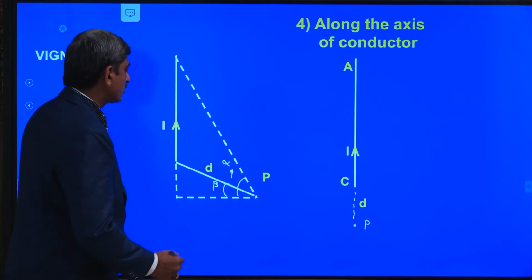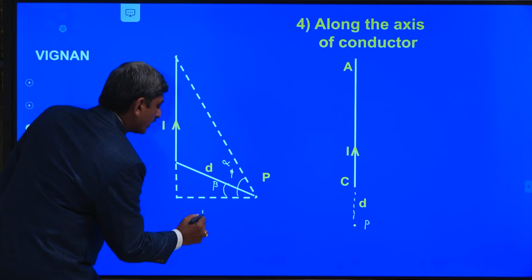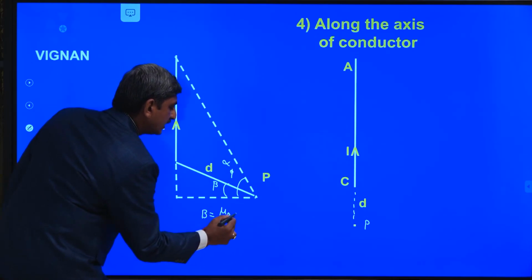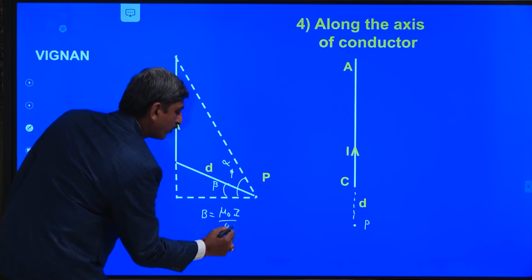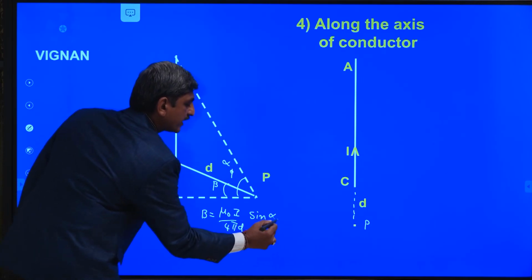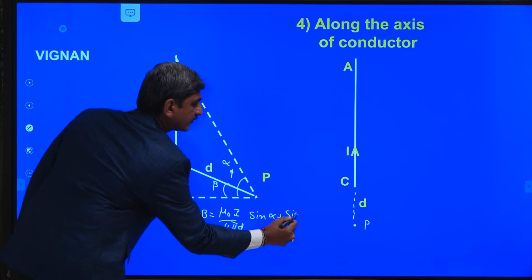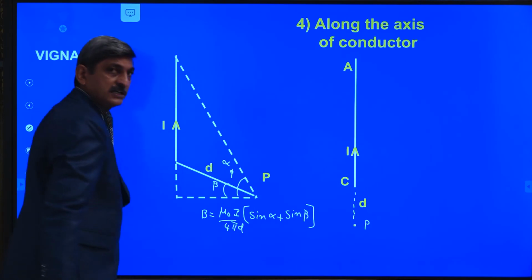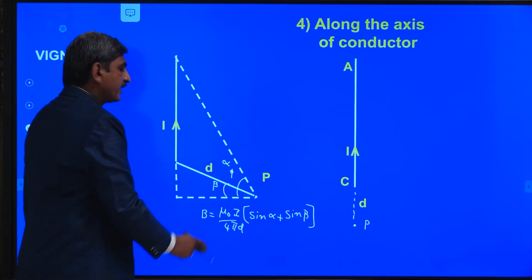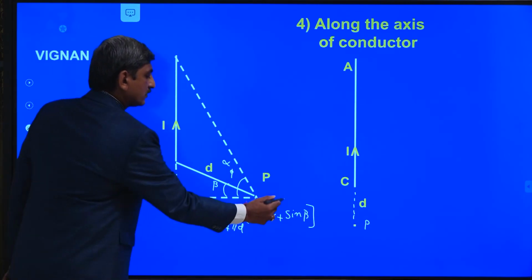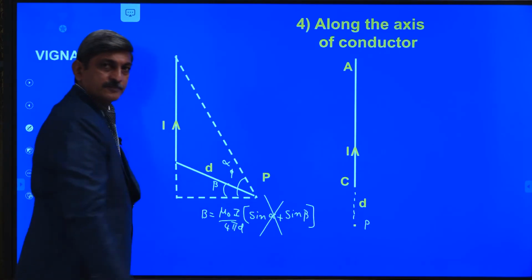And then we have to solve the problem by using the formula B is equal to mu naught I divided by 4 pi d times (sin alpha plus sin beta). Generally, we think that by knowing the alpha value and beta value, we can find the B value using this equation. But this may give wrong results.